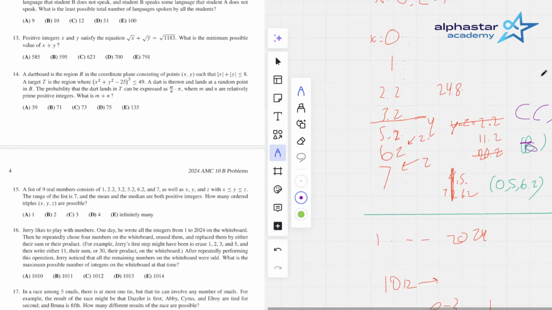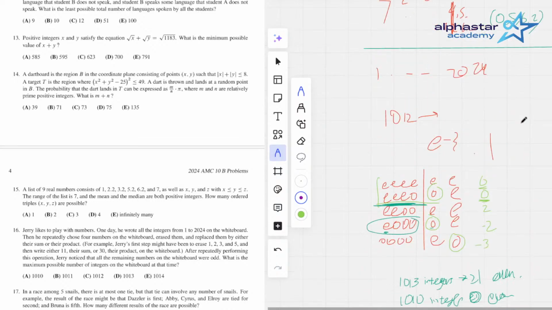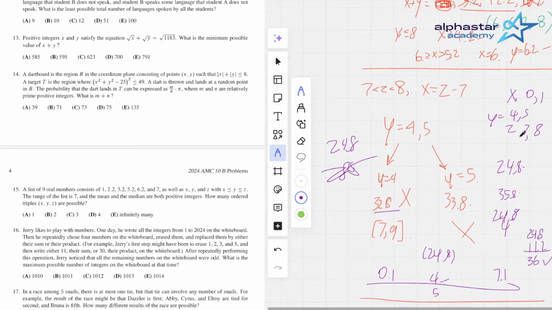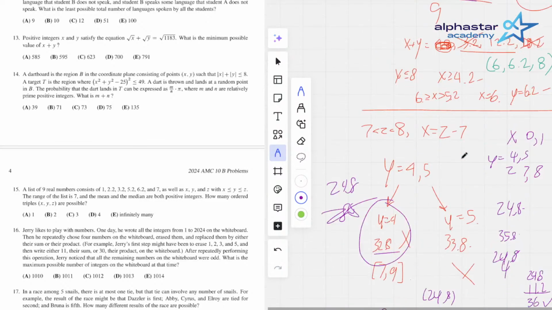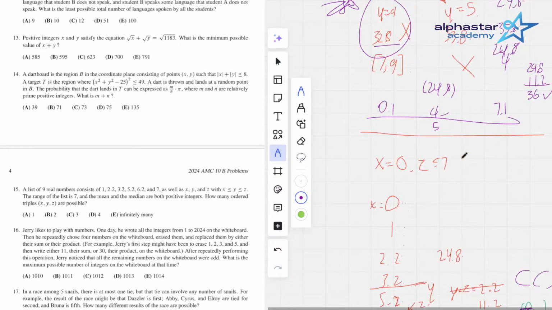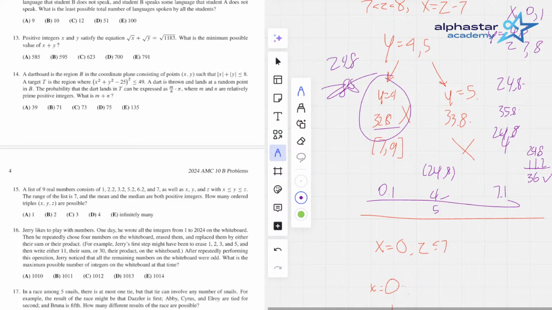So I caught that one in time. Oh, what is happening here? Why did I say 32.8? It's obviously 24.8. And if y is like 4, then it makes sense. Okay, cool. Sick.